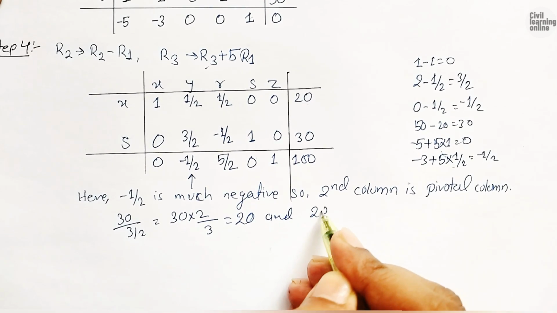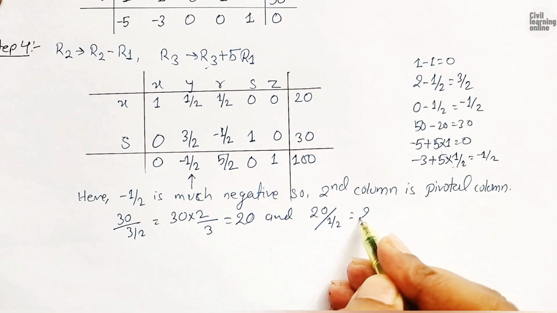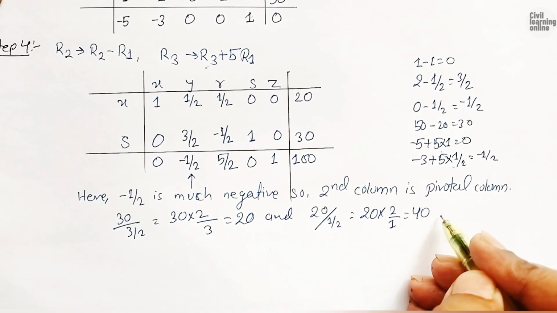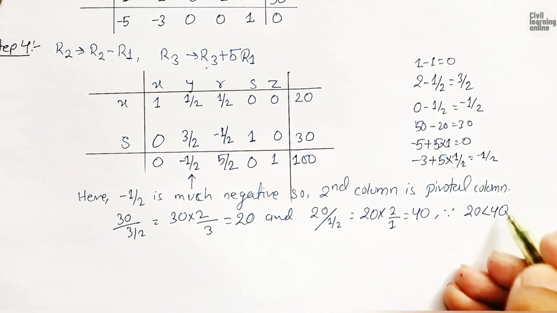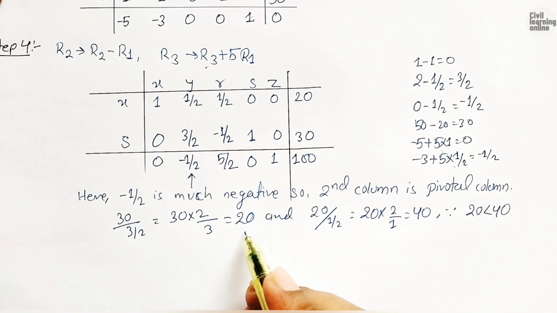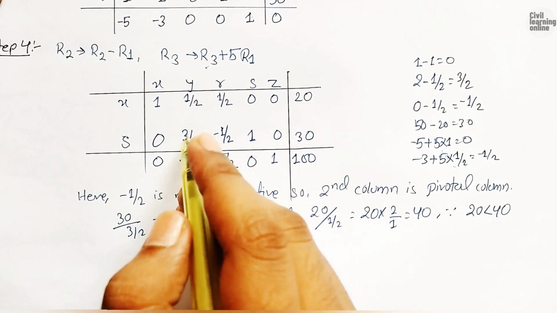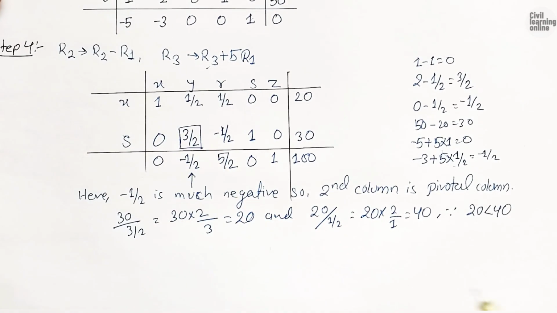And 20 is divided by 1 by 2, so 20 times 2 by 1 is going to be 40. Since 20 is less than 40, and we got 20 by dividing 30 by 3 by 2, this is our pivotal element.